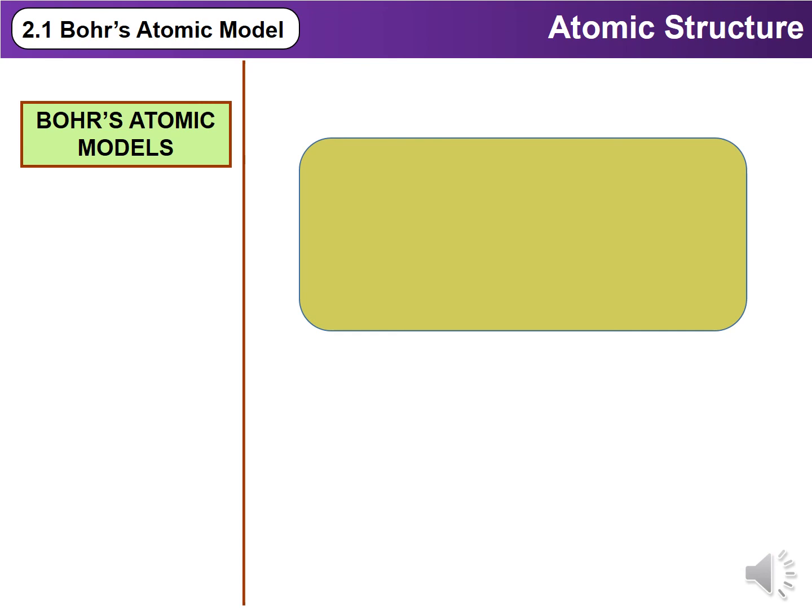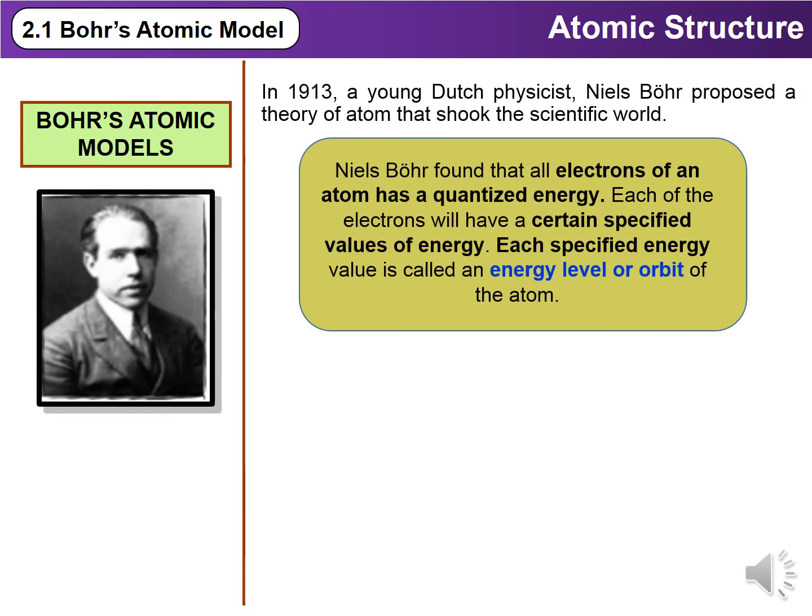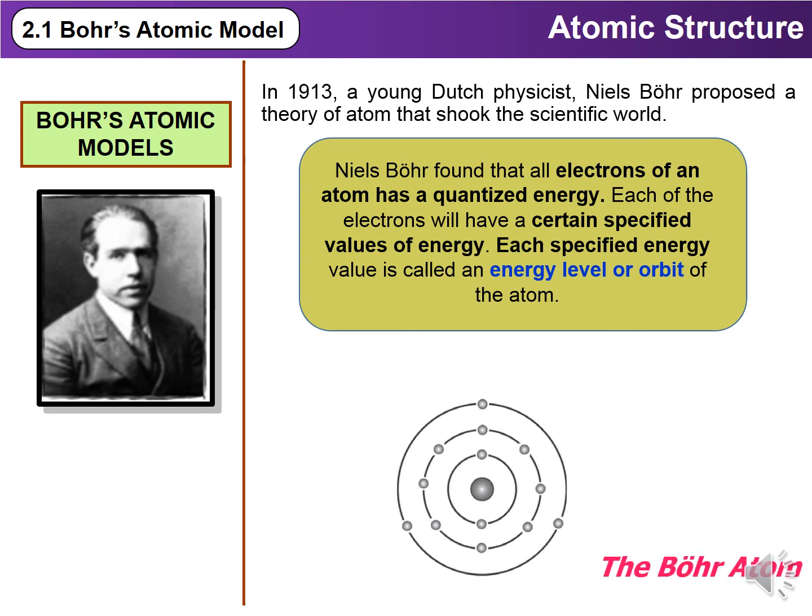Bohr's atomic model came from a Dutch physicist by the name of Niels Bohr. According to his theory, the first postulate, electrons have energy, and this energy is quantized. Quantized means they have a certain amount of energy, and they go around in the orbit.